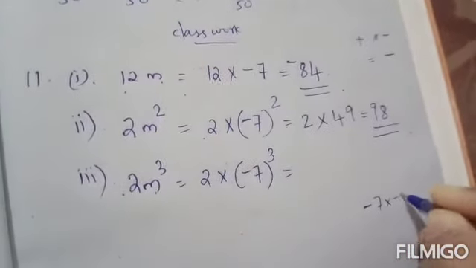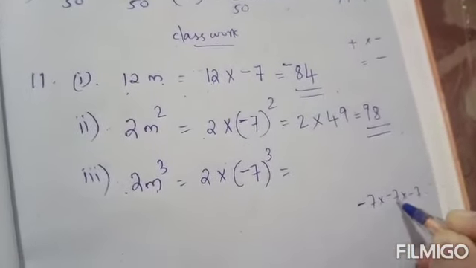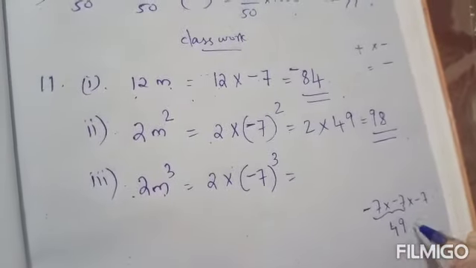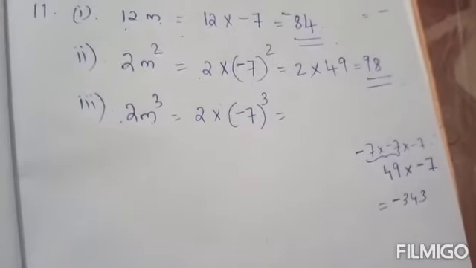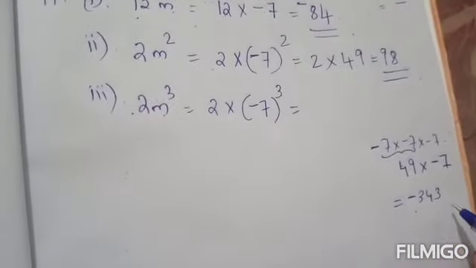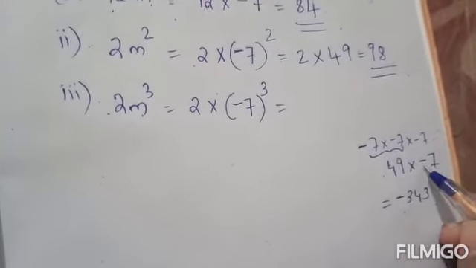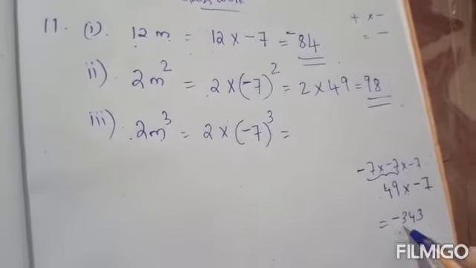Minus 7 into minus 7 into minus 7. So minus 7 into minus 7 is 49. 49 into minus 7 is minus 343. Okay, 49 is positive, 7 is negative, and positive into negative is always negative.